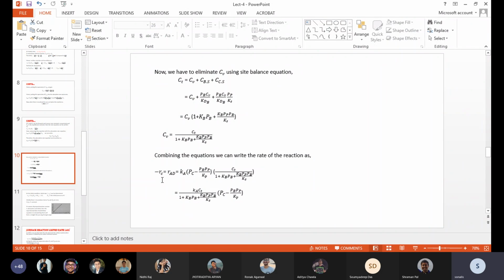Minus Rc at the initial stage, minus Rc0, is equal to minus Rad, is equal to Ka Ct Pc, because in the denominator this quantity is 0, only 1 is remaining, and on the right hand side this is 0. So minus Rc0 is equal to Ka Ct Pc. As in the initial stage, we can write it as Pc0.